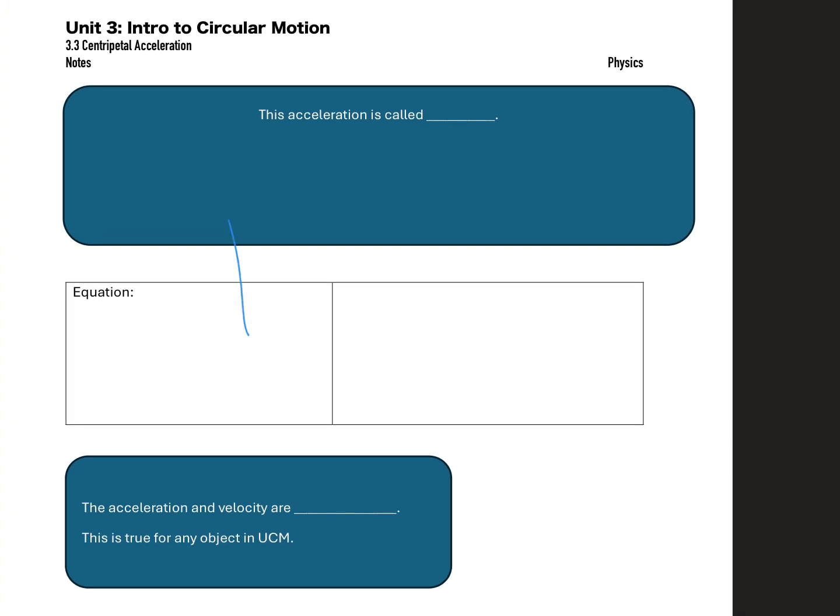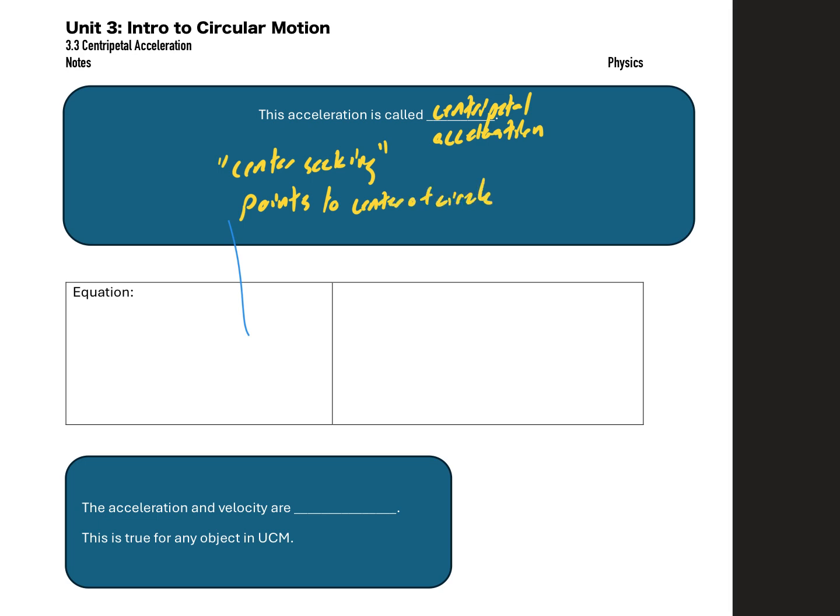So this acceleration is called centripetal acceleration. Another way to say it is center seeking. It always points to the center of the circle. And it is always perpendicular to the velocity.